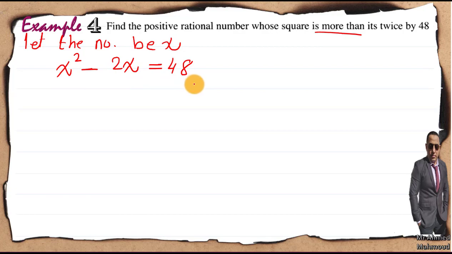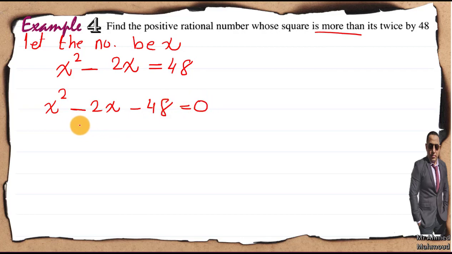Its square more than, or minus its twice, or the difference between the square and the twice, equals 48, so it is minus. Okay. Now I have x power of 2 and the x, so I can't take the square root, so I will make it a zero equation by sending 48 to the left side. So the equation will be like this: x power of 2 minus 2x minus 48 equals 0.